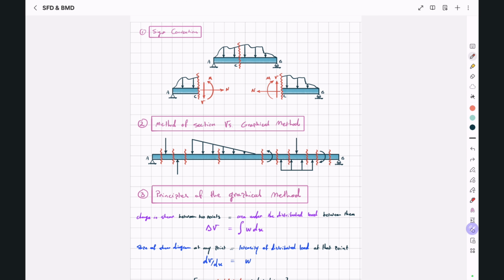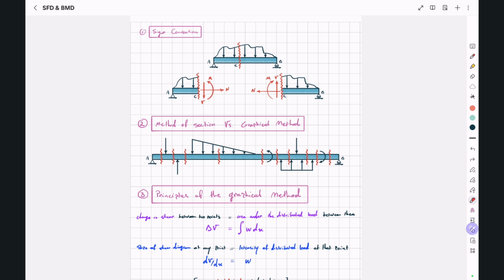So it really doesn't matter what directions you're using, as long as you're using opposite directions for your two cut segments. And once you define your sign convention, try to remain consistent and follow the same sign convention throughout your problem.